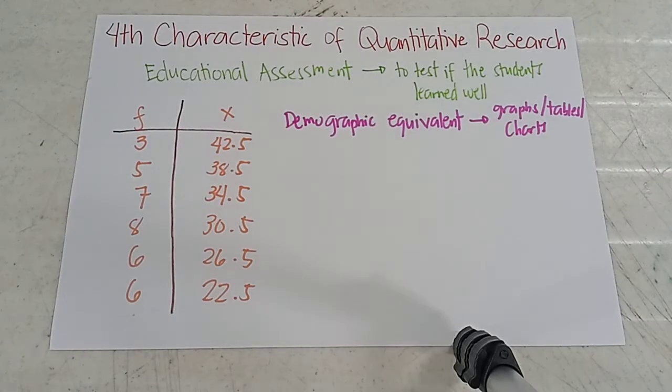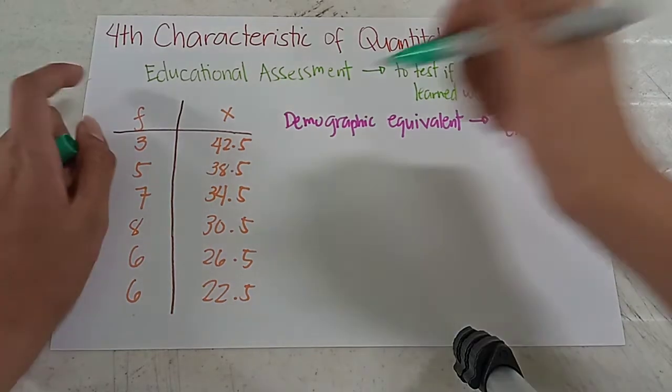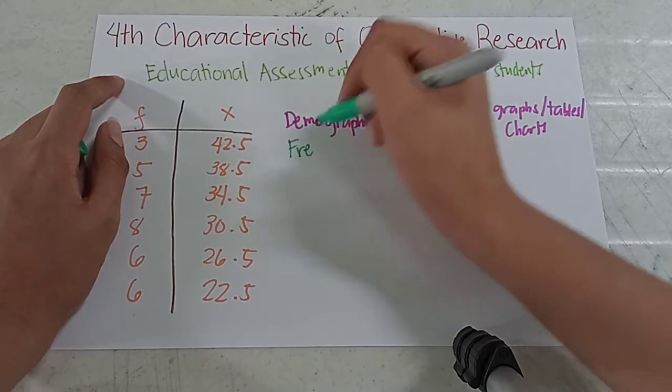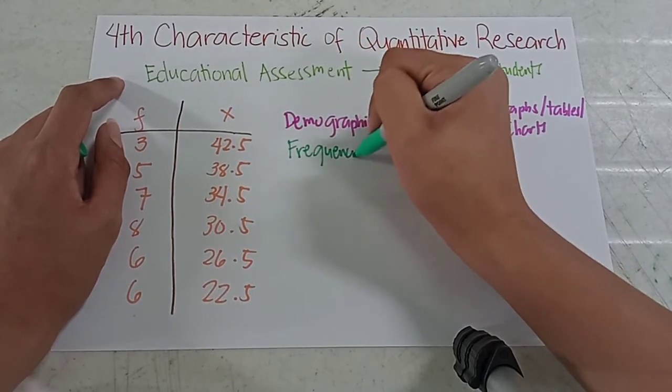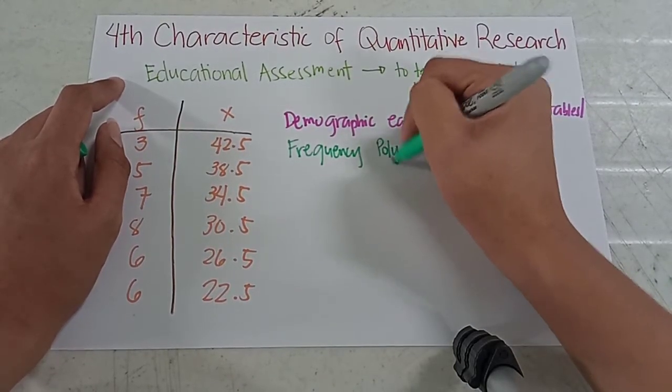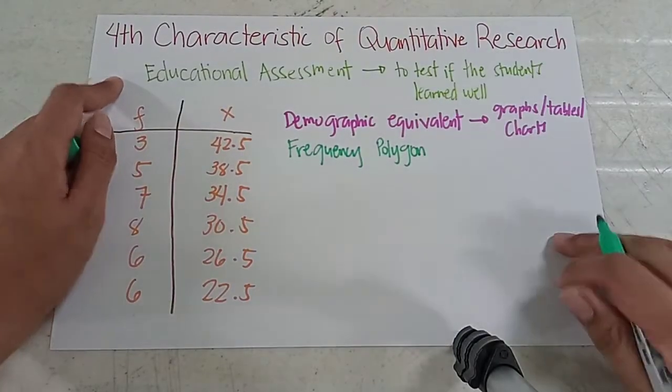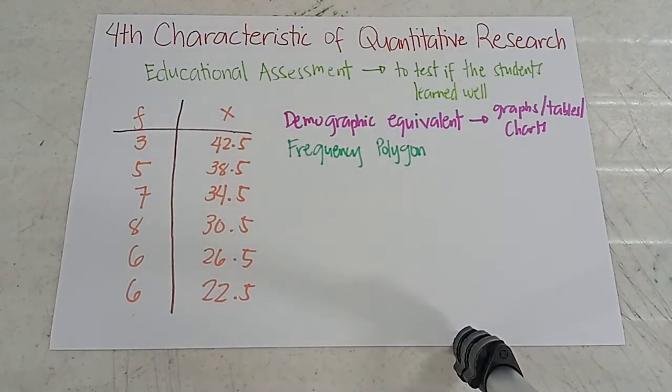In this case, the researchers used a demographic equivalent known as the frequency polygon. This will be tackled in your Research 3 or Research 4.